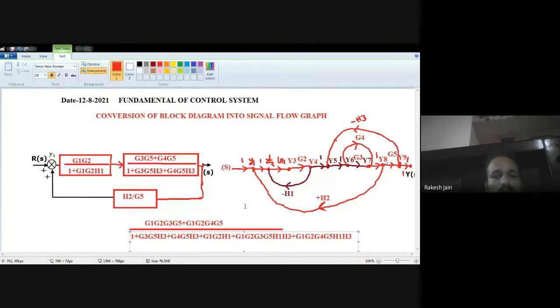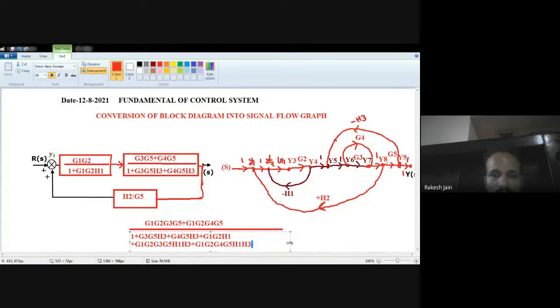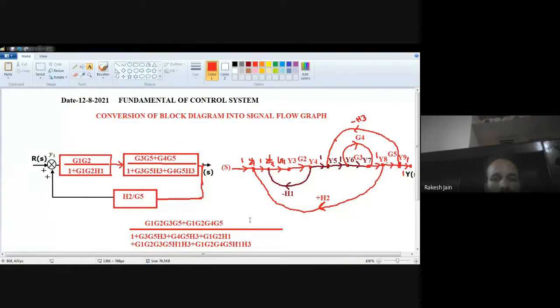So now the total blocks will be converted into this value. Because there is a lack of space, I just decrease the size like this. So you will see that the total will be converted into this form.